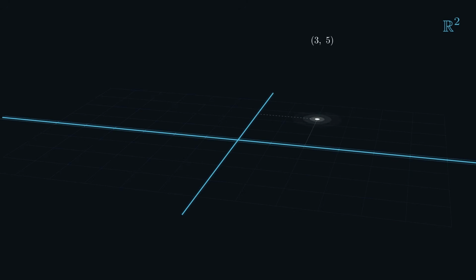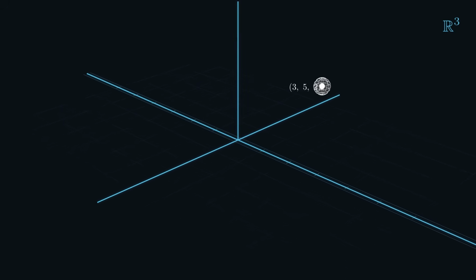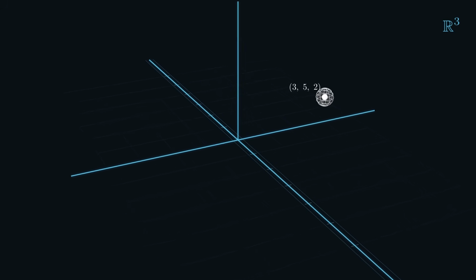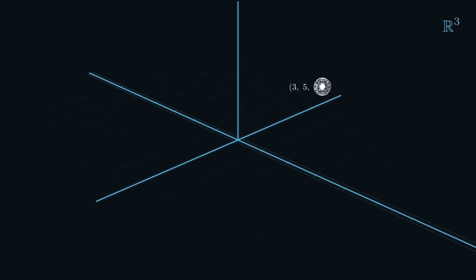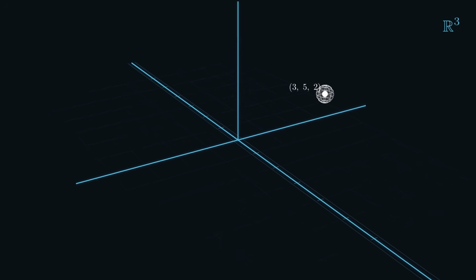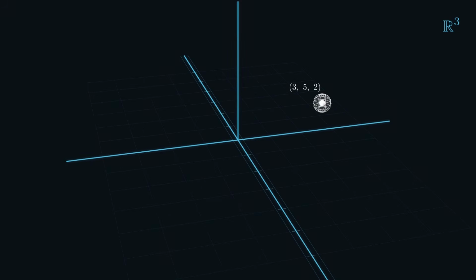It's a flat plane that stretches out forever in every direction. And if you're not on a flat field, but you're floating in the air, in a room, now you need 3 numbers. Left, right, forward, backward, and up, down. That gives you an ordered triple, like (3, 5, 2). And that world is R3, three-dimensional space.